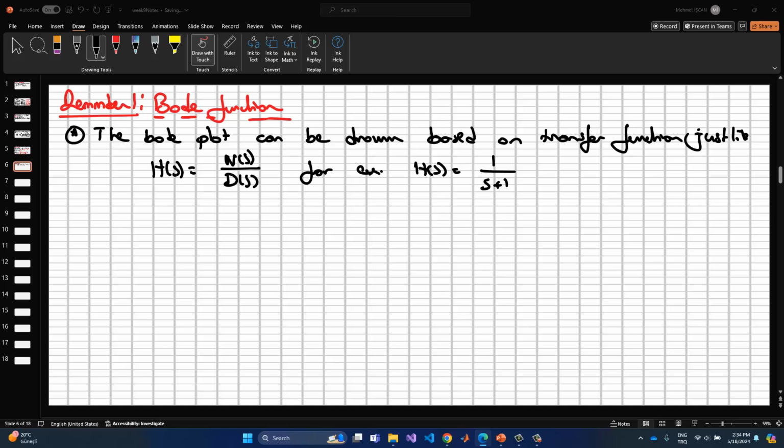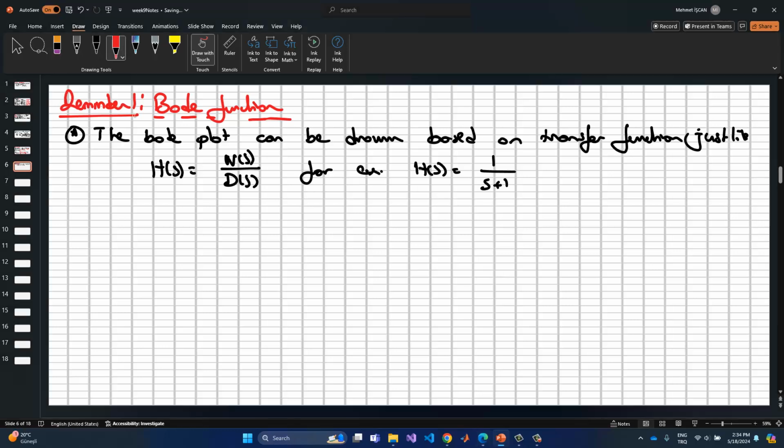Okay, and also we need to continue these terms in here, reminder 2: cutoff frequency. This is a break frequency for our applications.